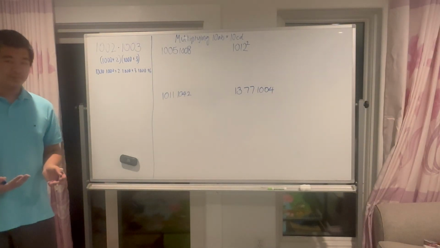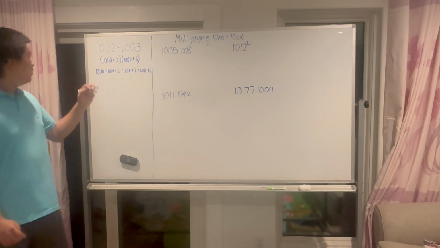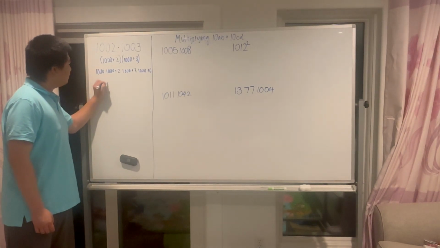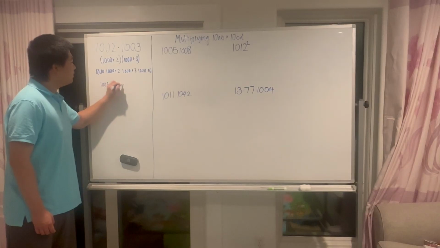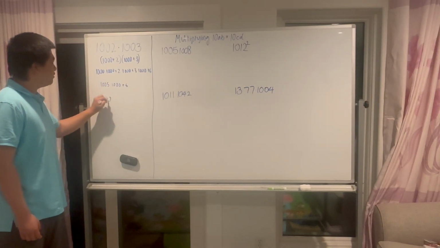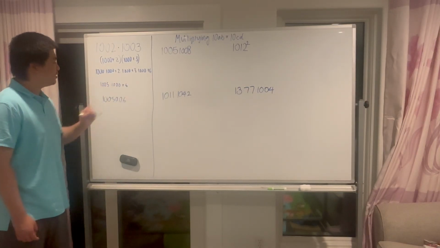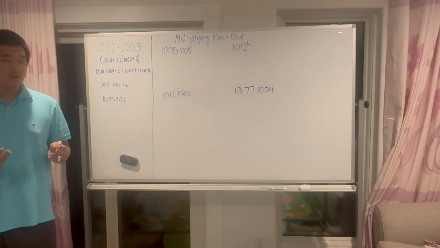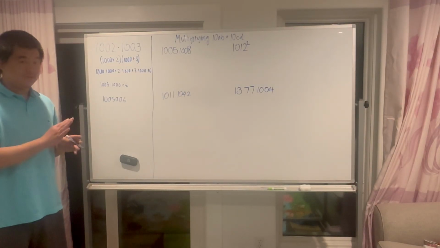Now how many thousands do we have? We have 1000 plus 2 plus 3. So we have 1005 times 1000 plus 6, which is 1005006.